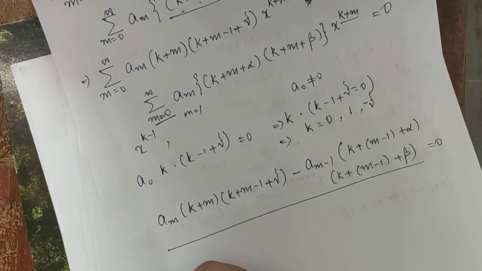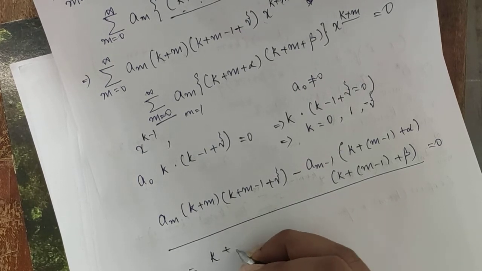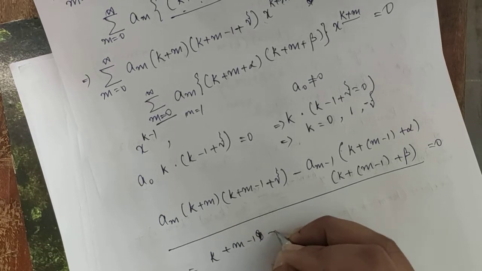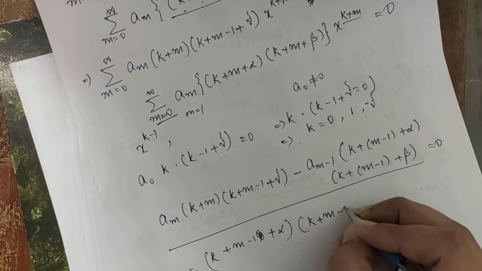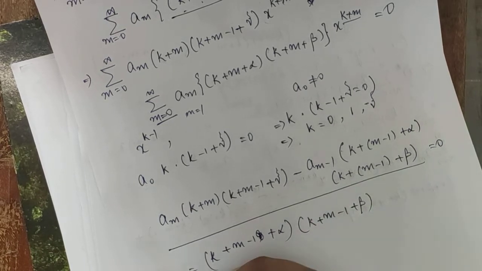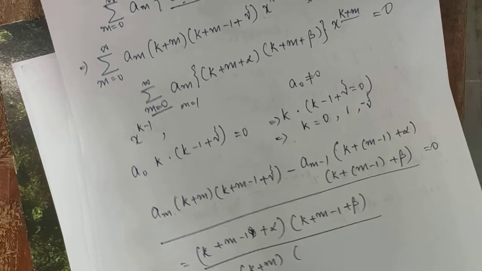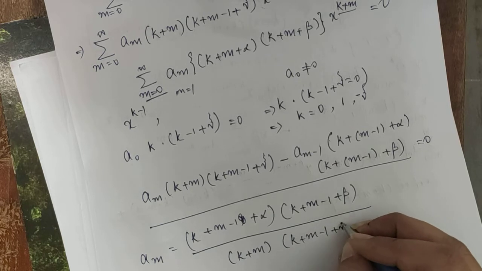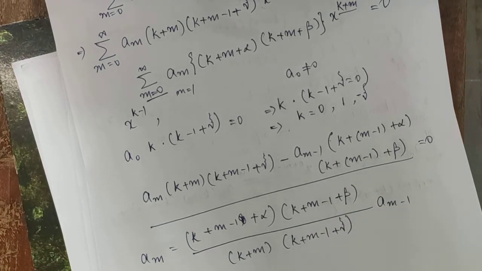So now a_m is nothing but k plus m minus 1 plus alpha into k plus m minus 1 plus beta, whole divided by k plus m into k plus m minus 1 plus gamma, into a_(m minus 1), right?